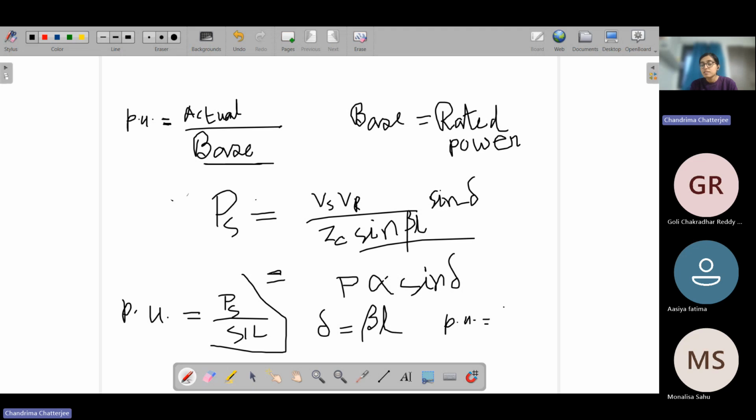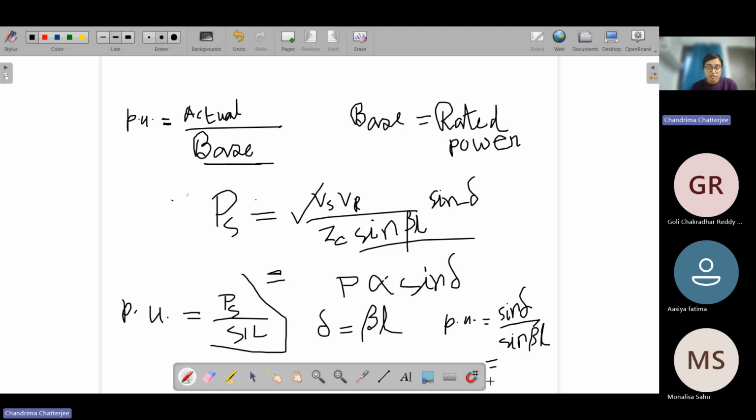by this. This is sine delta, that is sine 30 degree in this case, by sine beta L. Beta L we already know. In this way also you can calculate, or another one is you calculate this whole thing and then you divide it by the SIL. So sine 30 degree by sine beta L. Beta L equal to 53.77 degree.